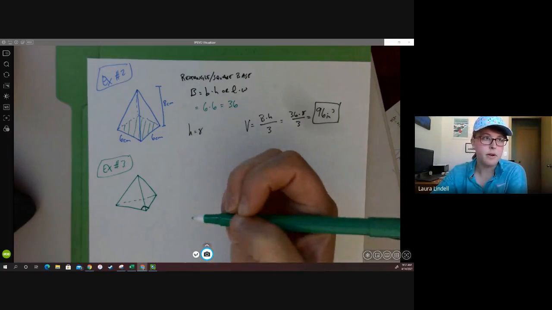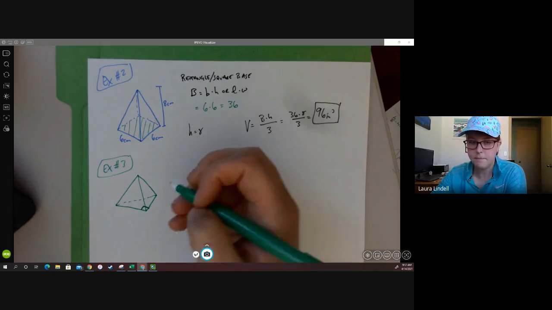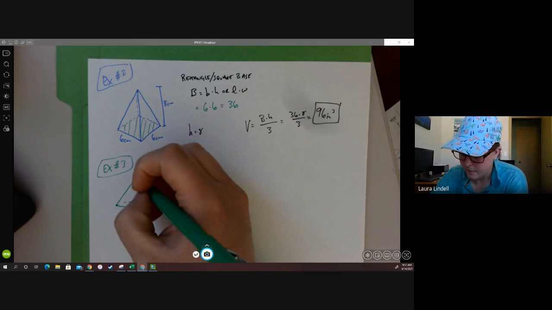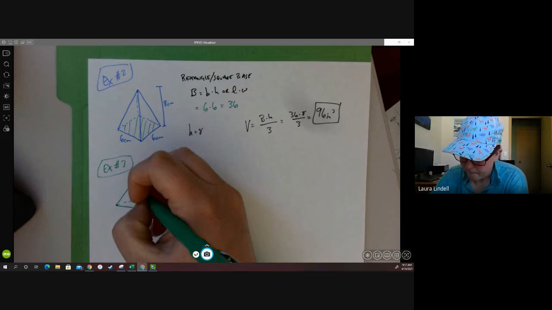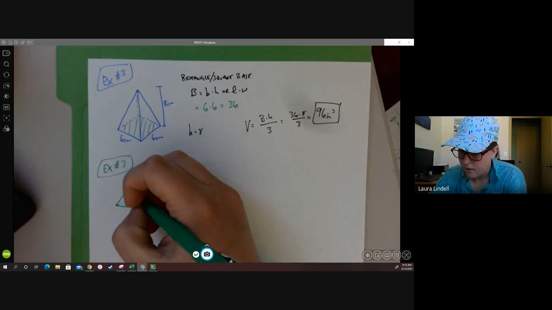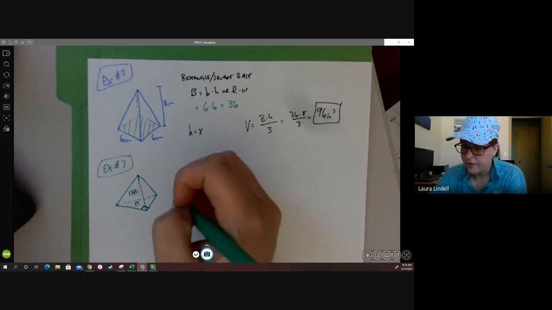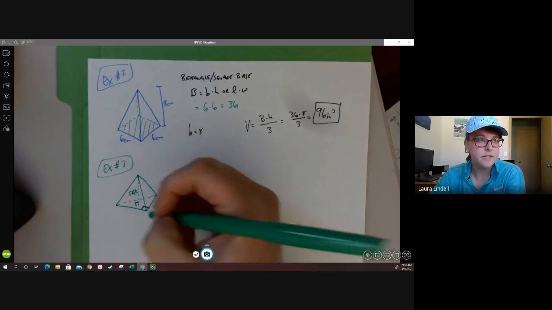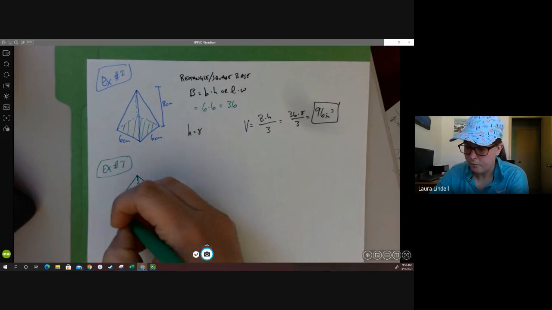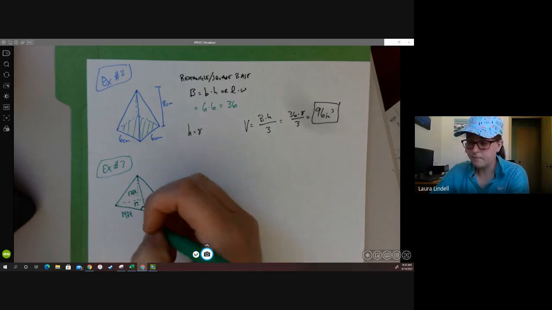And this is going to be a right triangle base, just for fun. And that dimension there is going to be 17 feet. This one will be 8 feet, and this one will be 14 feet.